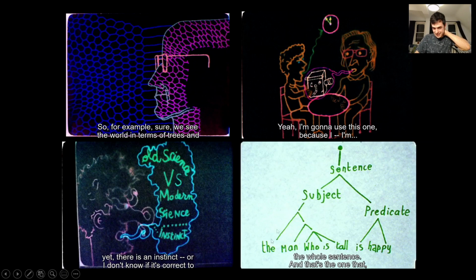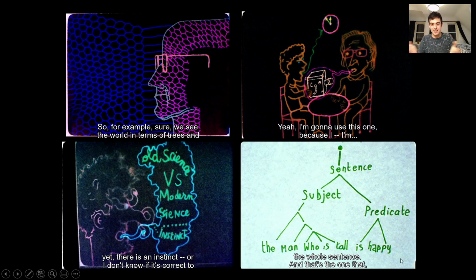Also, this is the syntax tree that language can be represented as. The man who is tall is happy. There are some rules about how to make this statement into a question. Well, you take the "is" and swap it to the front. But which "is" do you select? Is it this "is" or this "is"?